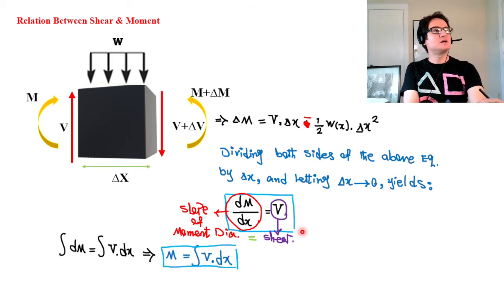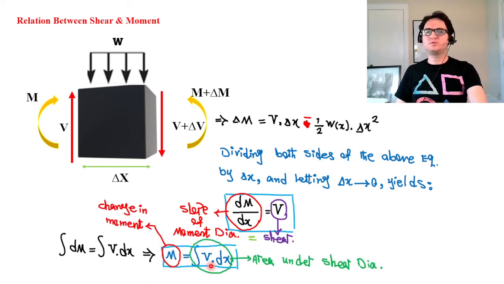And if you put it in an integration format, it says the change in moment is equal to the area under the shear diagram.